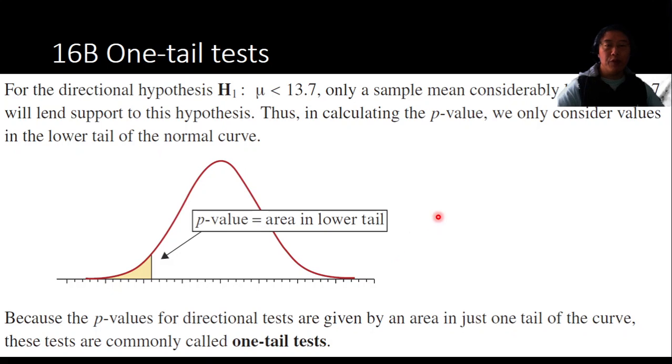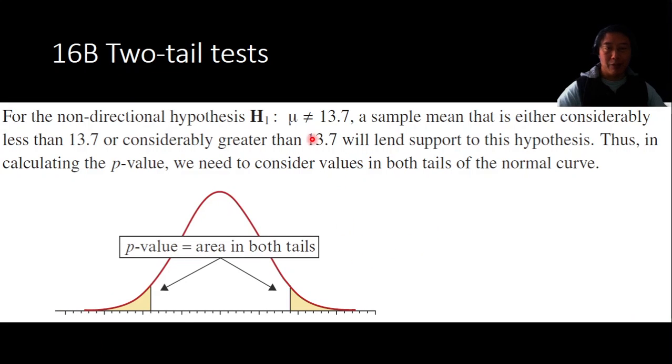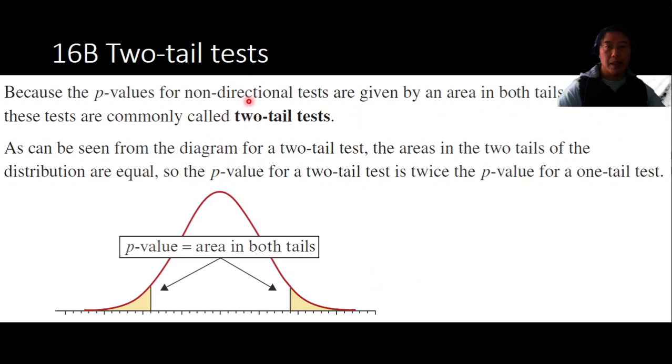And if we don't specify a direction, so in a situation when mu is different from 13.7, we have to consider the upper tail and the lower tail. So it's the area of those two sections. That test is called the two-tail test.